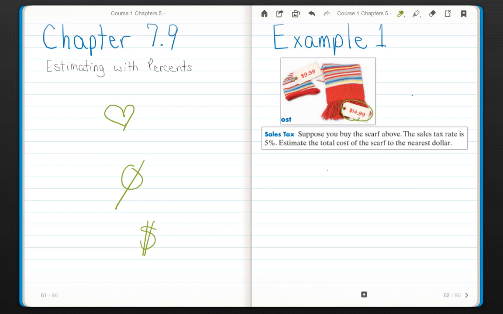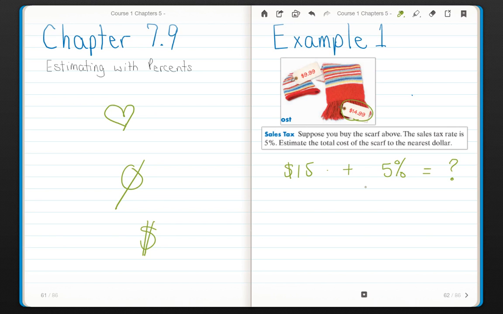Well, I'm going to estimate $14.99 to $15 because that's essentially what $14.99 is. 5%, my tax rate, needs to stay the same. But I want to know what the total price is. So first I need to find what is 5% of 15.